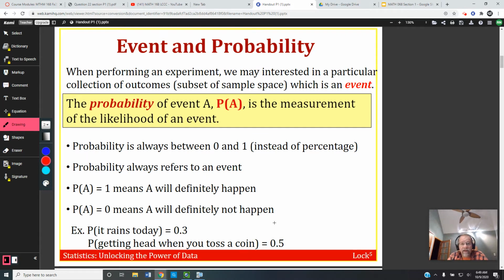When we're talking about an event and a probability, when performing an experiment, we're interested in a particular collection of outcomes. In other words, a subset, which is this event. When we speak of it, we speak about the probability of event A. We write it P(A), which is read P of A, or the probability of A. It's the measurement of the likelihood that this event takes place.